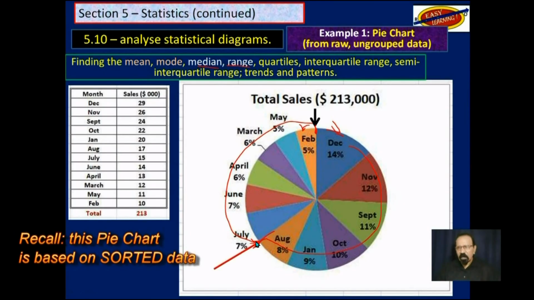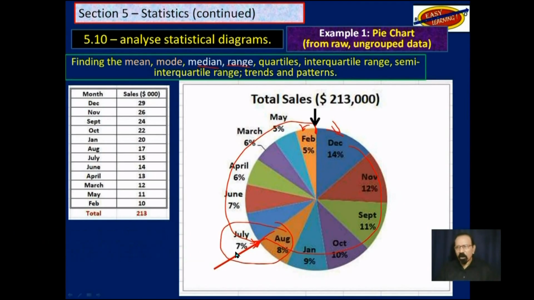So obviously, our median will be the average of July and August. So 7 plus 8 would give you 15. Divide that by 2, you get 7.5%. Convert that to a decimal. Multiply that by 213,000 and we get approximately 16,000 as the median, which is Q2.